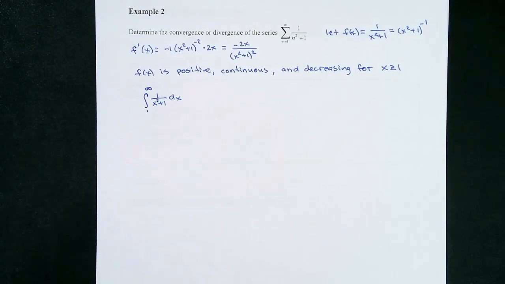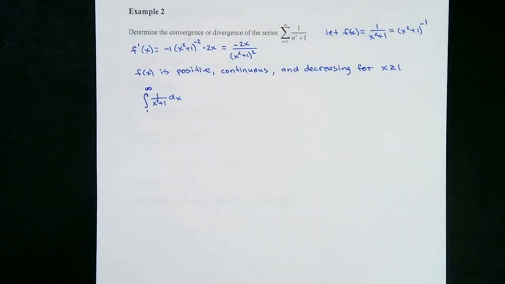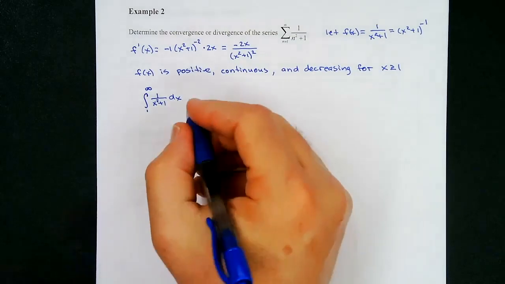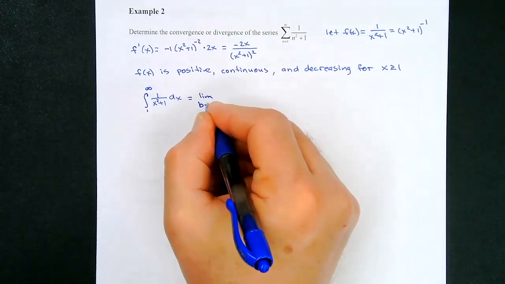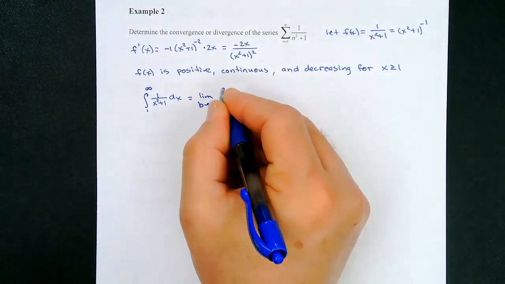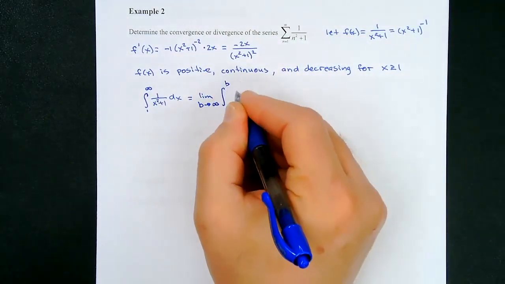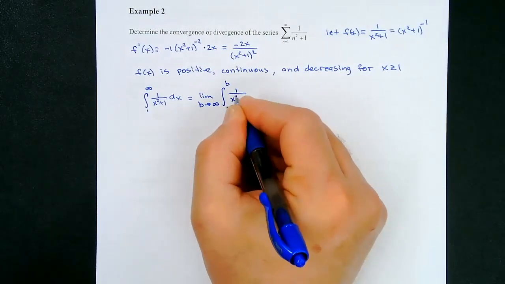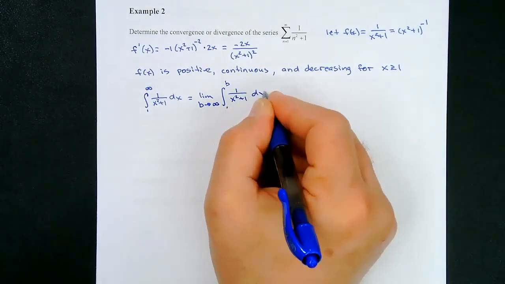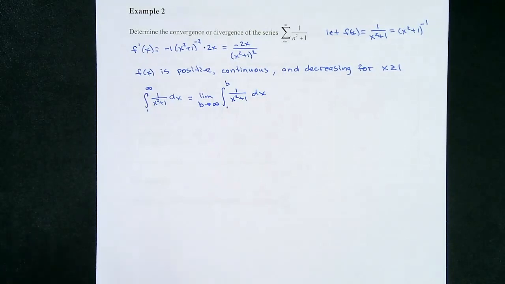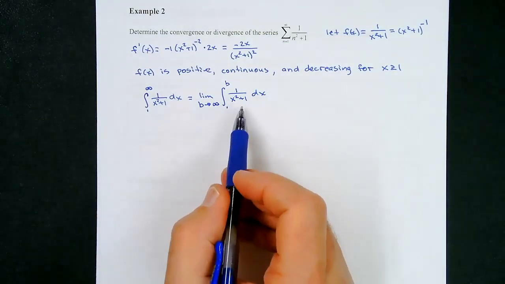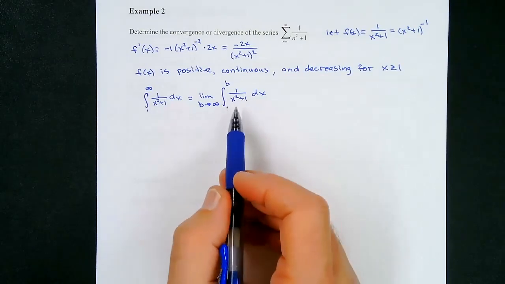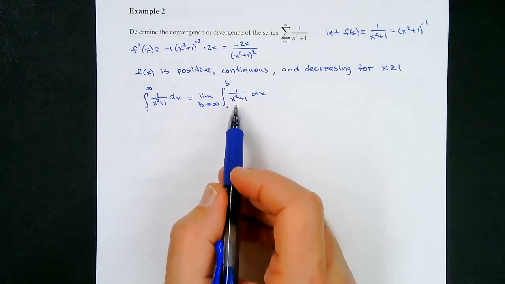And then what we need to do on this one is write this as a limit. So limit as b approaches infinity of the integral from 1 to b of 1 over x squared plus 1 dx. And what we have to do here is recognize, okay, this is the derivative of something. So you can't do u substitution. You can't do anything like that. You have to recognize this, okay?